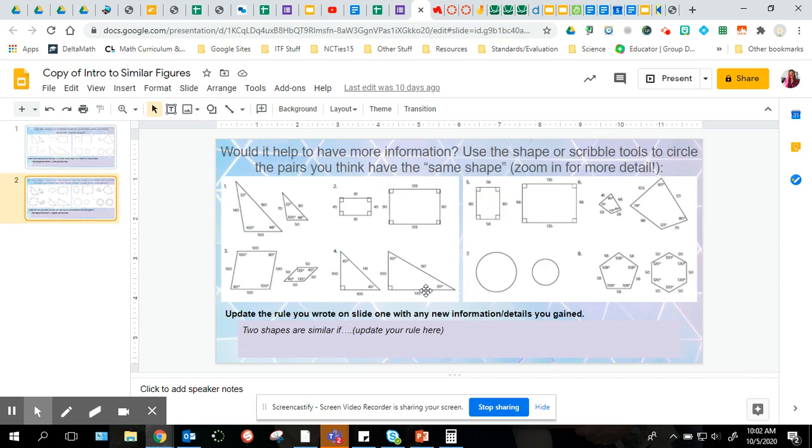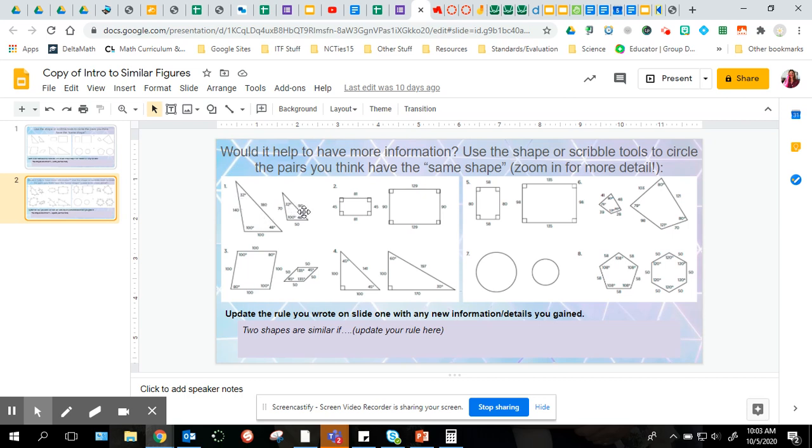Now, if I look at this side, I can see that we have angle measurements and we have side lengths. So if I look at pair number 1, I can see that the angle measurements are exactly the same. Okay, that tells me they are most likely similar as I thought before.